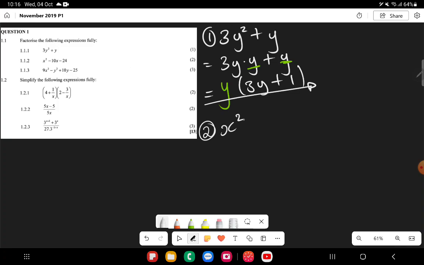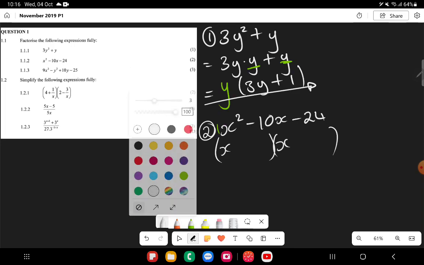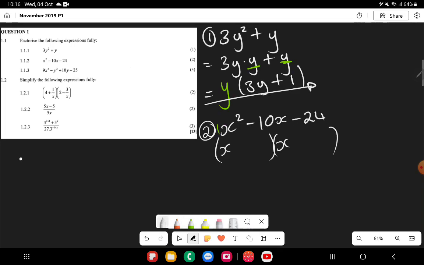says x squared minus 10x minus 24. This one's easy because we have a 1 in front of here, so we know we're going to have two brackets. In our first bracket we have x, second one is x. Now we got two minuses and we want to get a sum of 24. So the factors of 24, so we remember we have 1, 1.